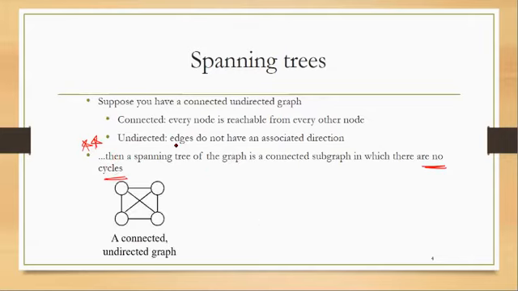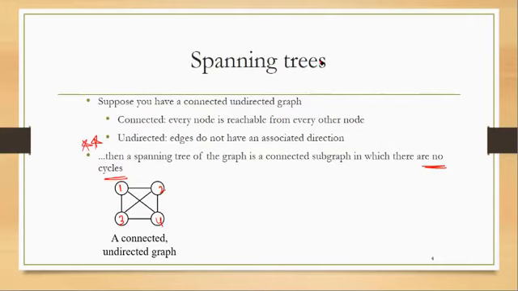So let's see that. First, we have a connected undirected graph. There is no direction. Now for this graph, I can create a spanning tree as follows. Let's name the vertices 1, 2, 3 and 4.